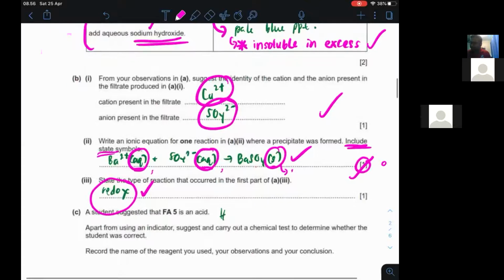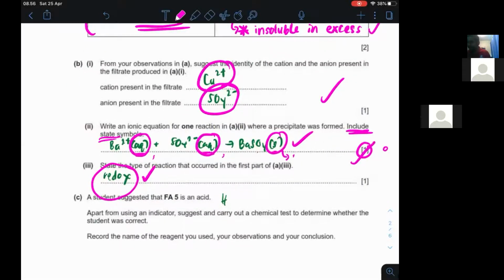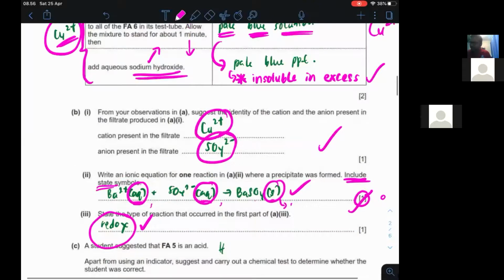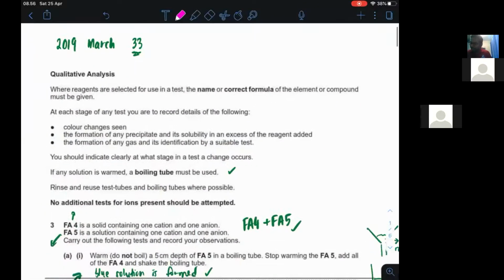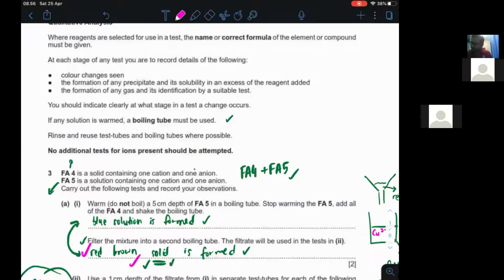Now, a student suggested Fa5 is acid. Do remember earlier we started off with Fa4 and Fa5, and they told us that Fa4 is a solid, and Fa5 is a solution containing anion and cation.